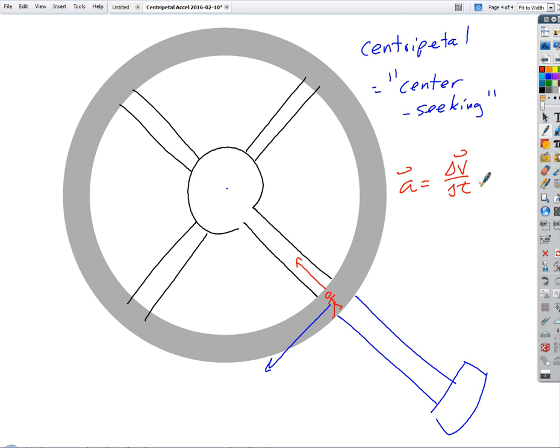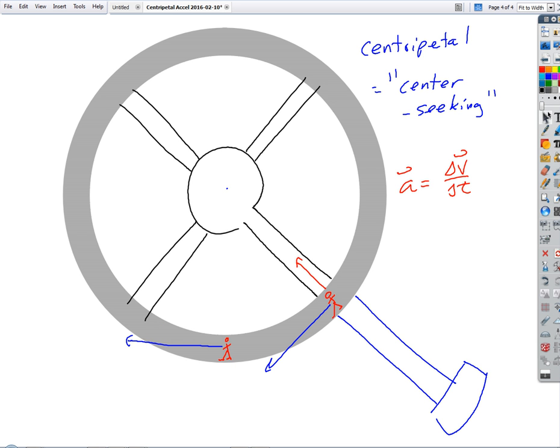So for example, from this point right here to just a little bit later, when this person is standing over here, speed's going to be the same, but the velocity vector has changed directions, right? Velocity is a vector quantity, so that is an acceleration, right? Even though the speed stayed the same, the velocity direction changed, and so therefore there is an acceleration.